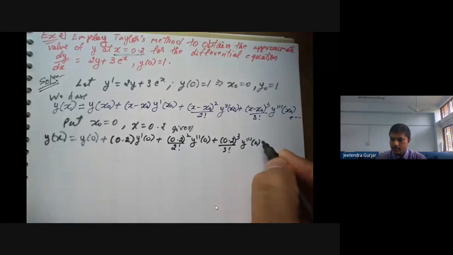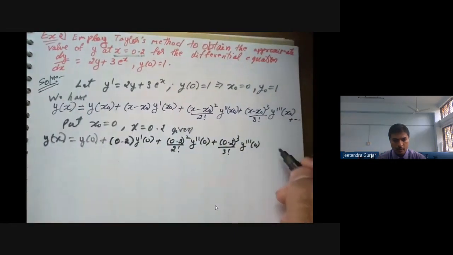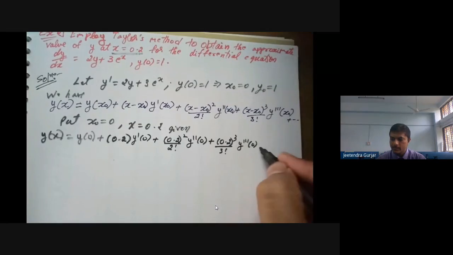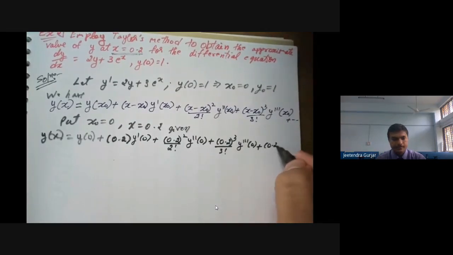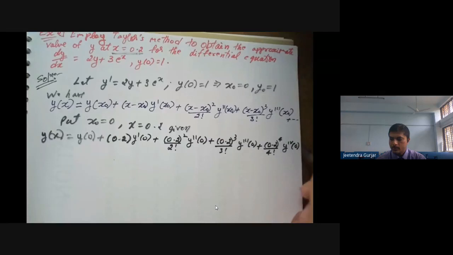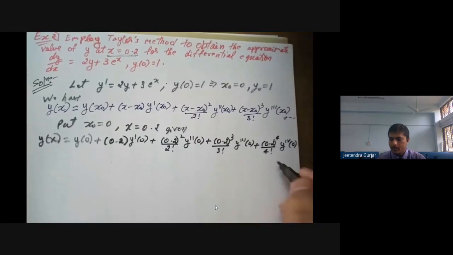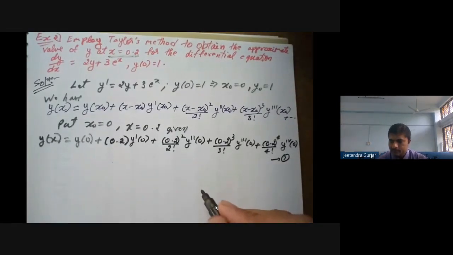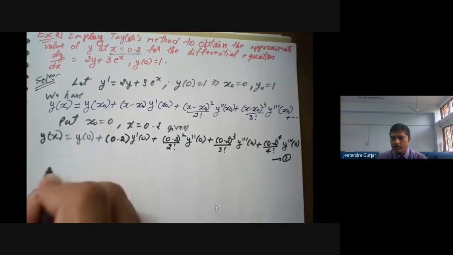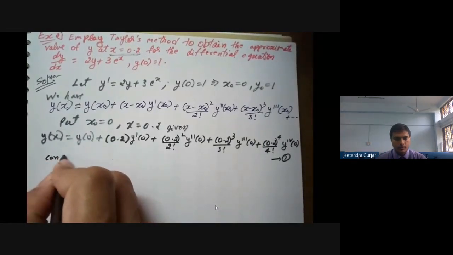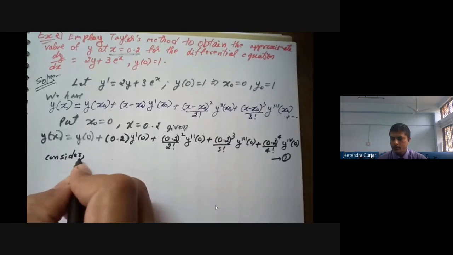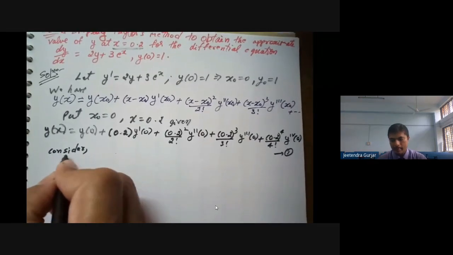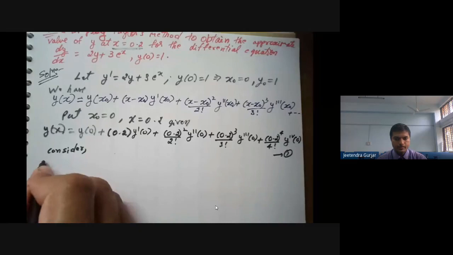To get the accuracy, I'm going to go for the fourth order so that I get a good result. Try both. So 0.2 raised to 4 upon 4 factorial y raised to 4 of 0. So this will become our equation 1. Probably you go for third degree or fourth degree. My suggestion is go for third degree if they have told you to find third degree. Otherwise, go for fourth degree, so that will be an accurate answer. There will be no problem.